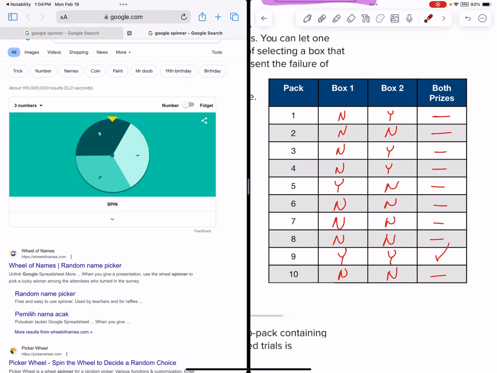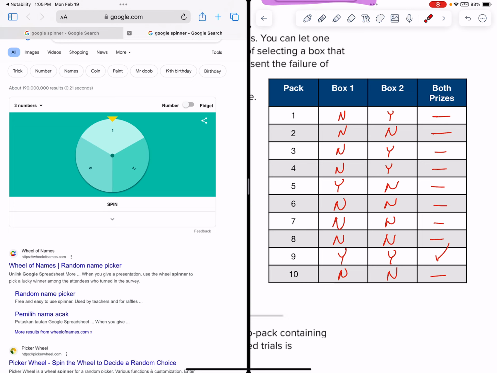And so since it's on a 2 and 3, that's where I put in an N for box 1. And then I'm going to spin as a simulation of opening box 2. And for mine, it actually landed on a 1, so that's why I put a Y. Okay, now, did both boxes have prizes in them? No, so I just put a line. So that was unsuccessful to both boxes having a prize.